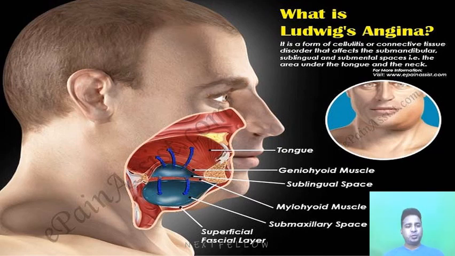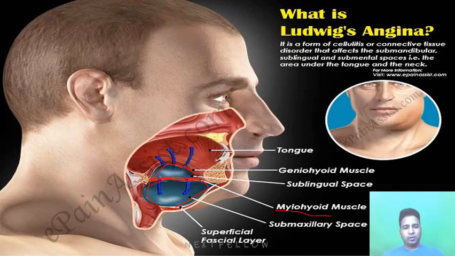Now the first question is, what is the submandibular space? This complete bluish marked space is the submandibular space, which is divided into two parts by the mylohyoid muscle.